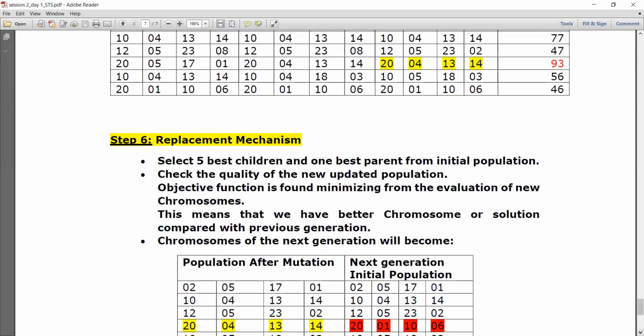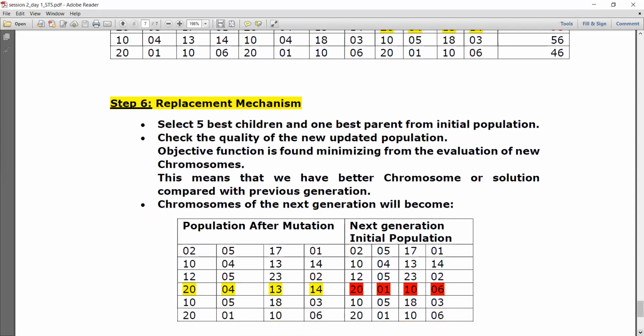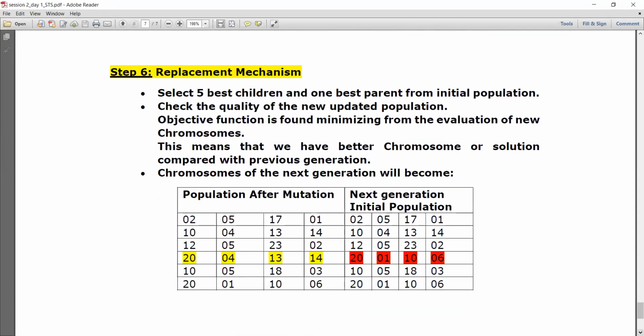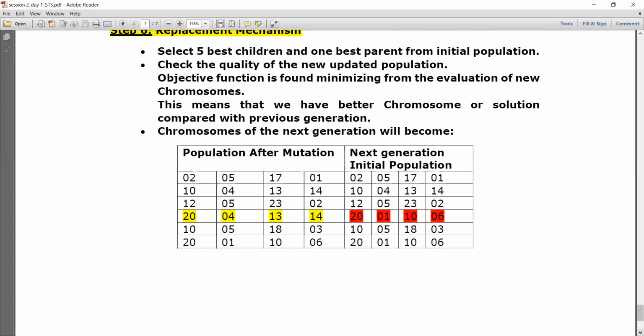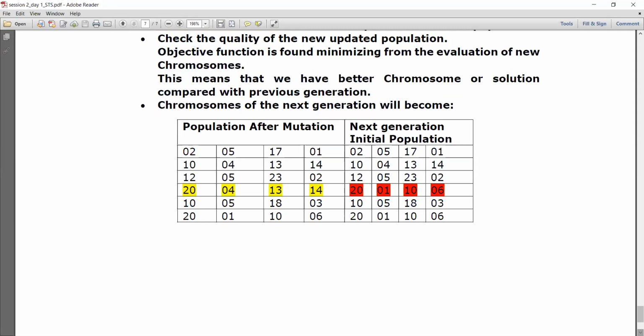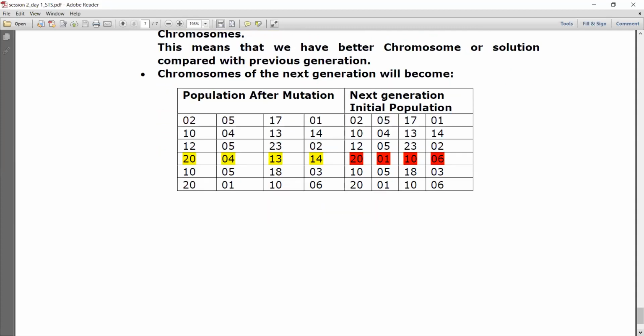See, our objective is to reduce the objective; optimization is reducing the objective. So it is 93. So now let us remove that yellow chromosome and let us introduce the red chromosome. Red chromosome is nothing but the best chromosome of the previous generation. So now the population is completely revised, and this becomes the outcome of the first generation and the input for the second generation.